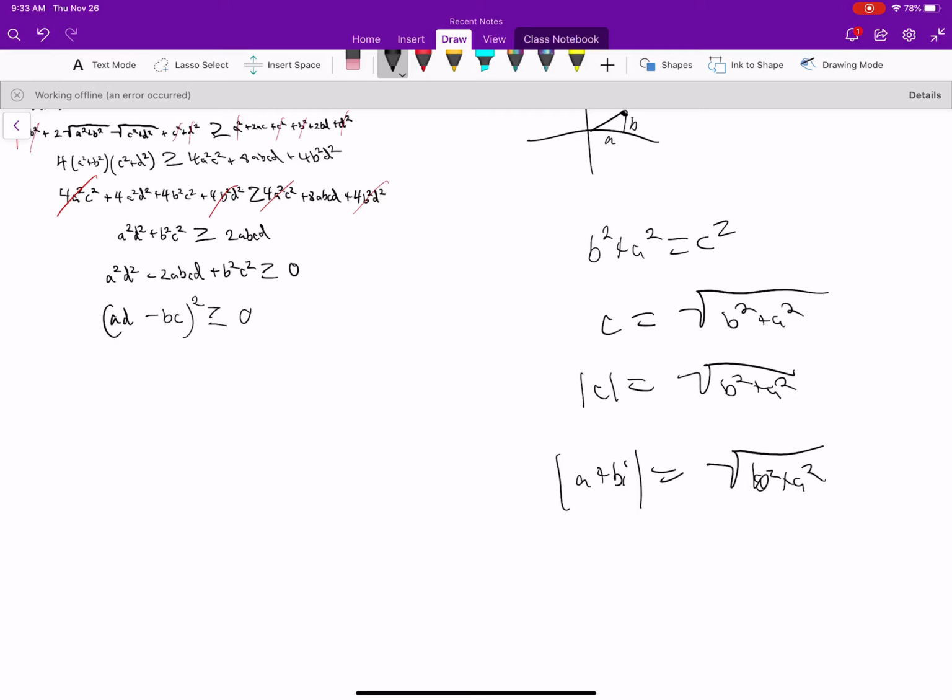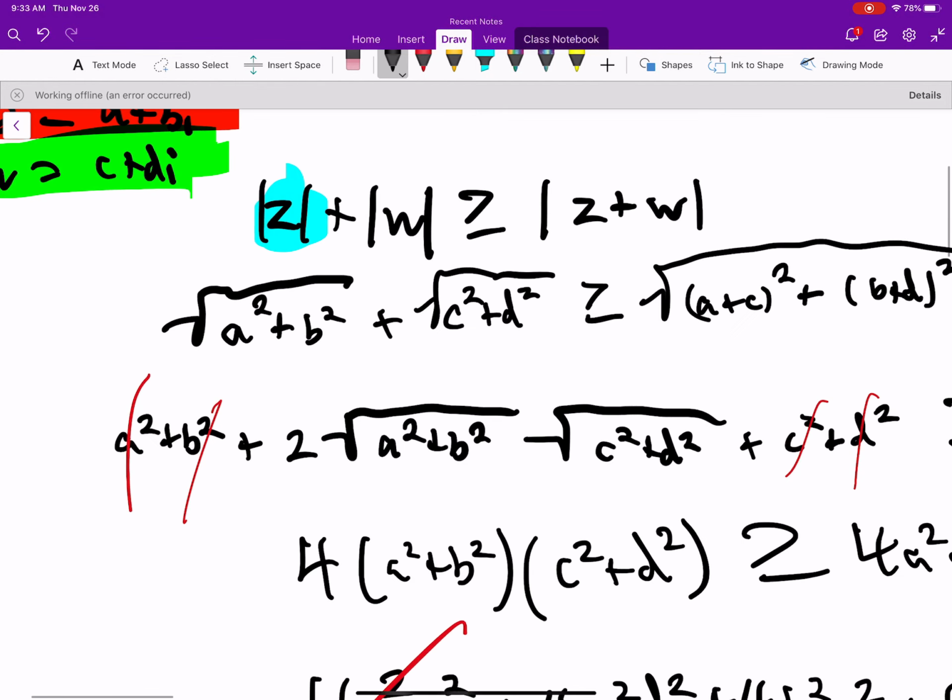So that's exactly what I'm doing here. I'm saying the magnitude of z is going to be that whole Pythagorean theorem thing, or the whole Euclidean metric, or whatever it's called, that metric that decides how far things are away from each other.